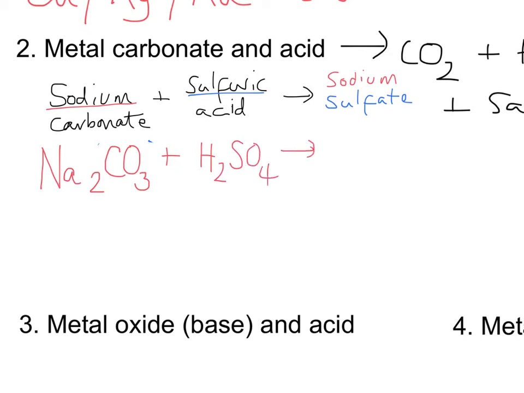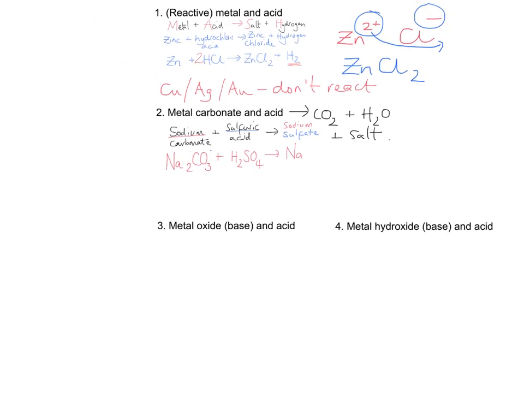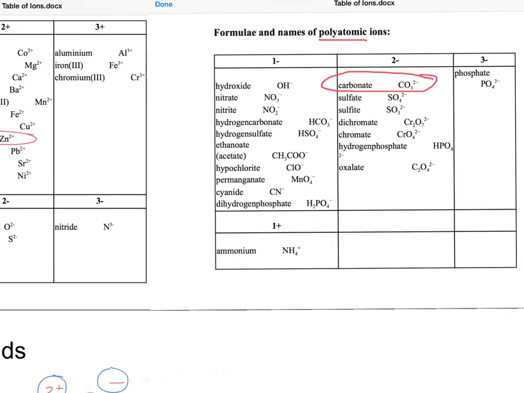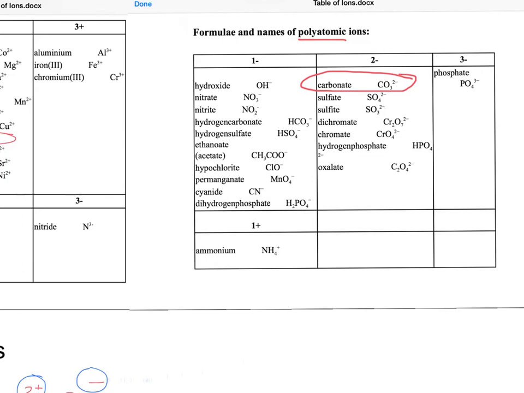And sodium sulfate, we know, sodium is Na plus. What's the sulfate? Right, okay, so the sulfate, we can work that out in one of two ways again. First off, if I come up to here and I go to my polyatomic ions, you should be able to see here is sulfate, SO4 2 minus.